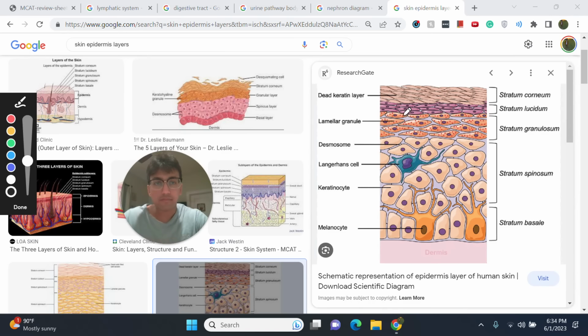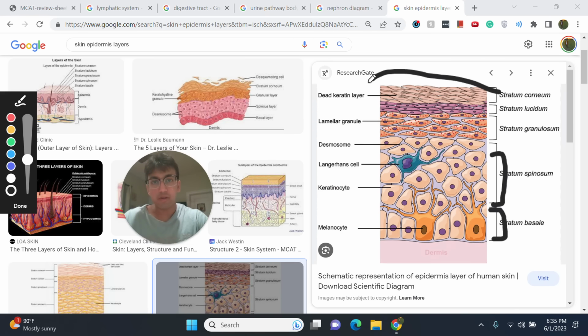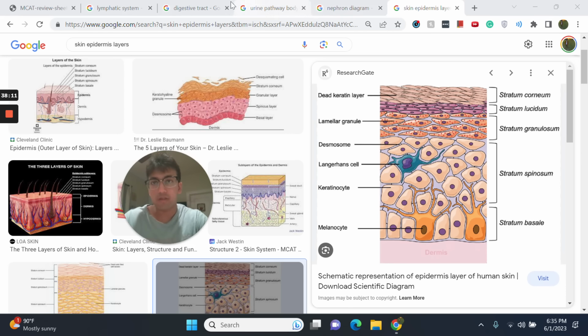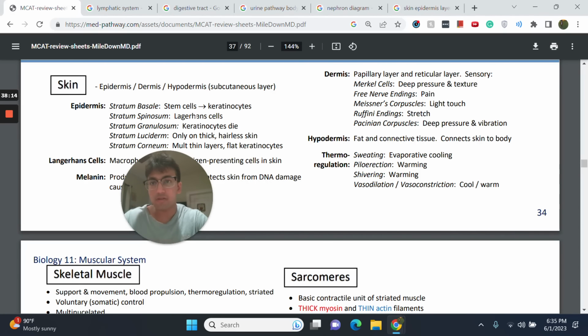And you can see the keratin here, the granules here, and you can see that this is the stratum corneum, this is the stratum lucidum, this is the stratum granulosum, this is the stratum spinosum, and this is the stratum basale. The important thing about the stratum corneum is that there are no nuclei, right? You can see over here there are nuclei, but here it's just a dead keratin layer, okay?